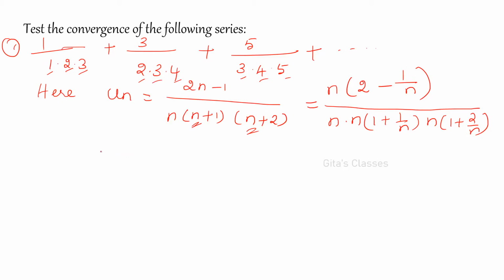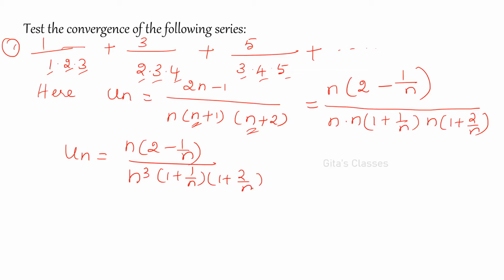Therefore un is equal to n into 2 minus 1 by n divided by n cube into 1 plus 1 by n into 1 plus 2 by n, right?